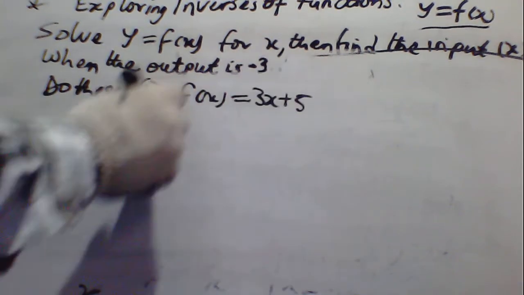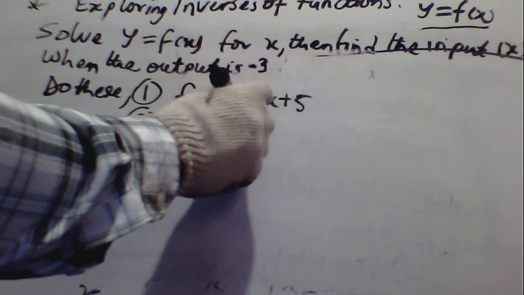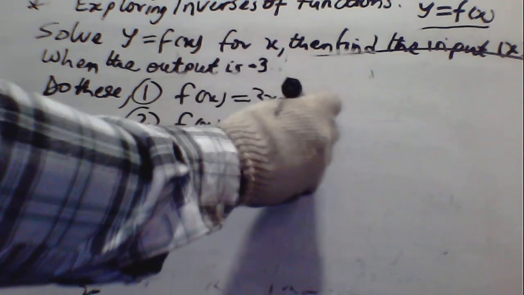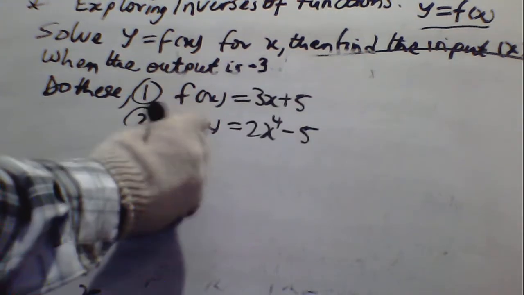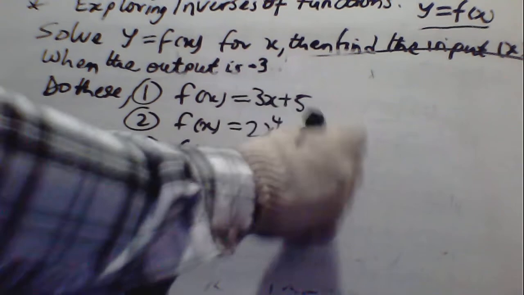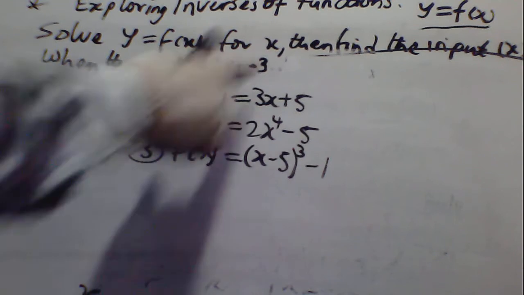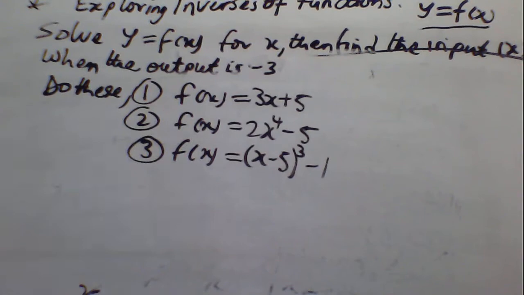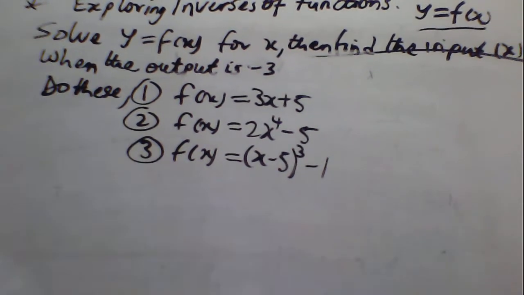The second one is f of x equals 2x raised to power 4 minus 5. And the last is f of x is x minus 5 raised to power 3 minus 1. Solve using the output of minus 3. Find the value of x, then find the input when the output is minus 3. So we can proceed. You can pause the video and copy it out so that we can proceed.